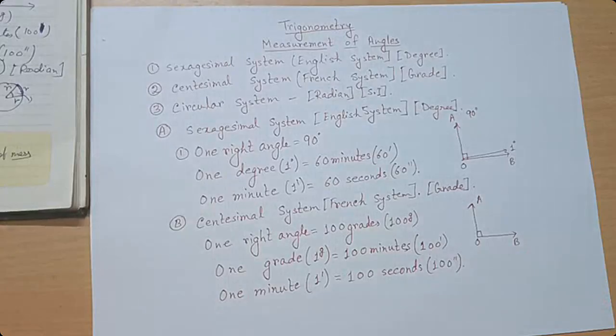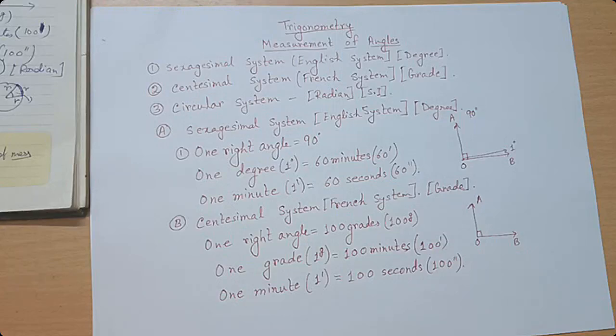Therefore, the centesimal system, also known as the French system, is measured in grades. One right angle equals 100 grades, one grade equals 100 minutes, and 1 minute equals 100 seconds. This is what we call the centesimal system or French system.